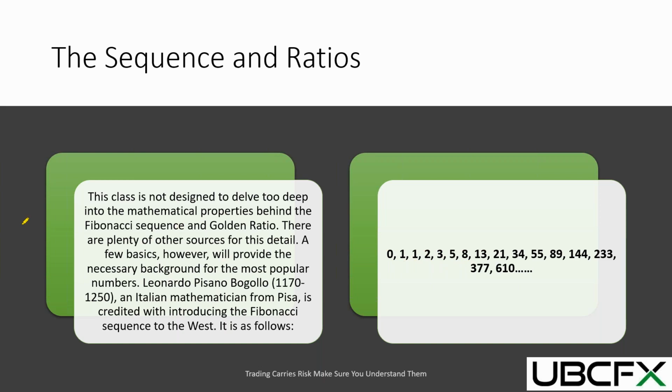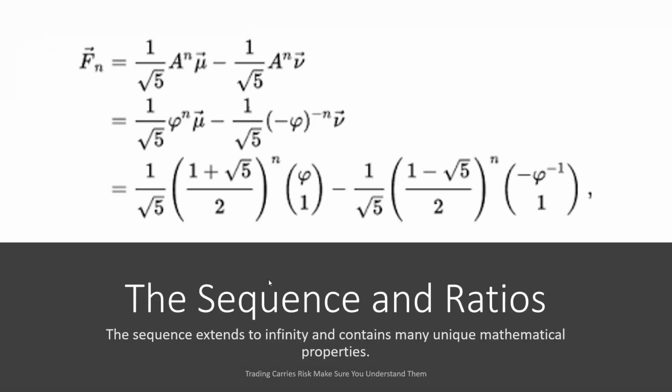Now, how would we apply this, or why would this make any sense to the financial markets? Okay, so we need to find some way, first of all, to convert the sequence into ratios. Now, the sequence extends to infinity and contains many unique mathematical properties.